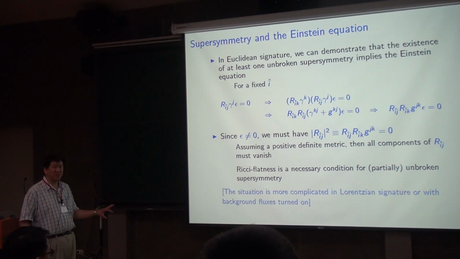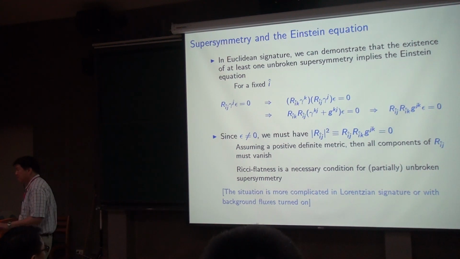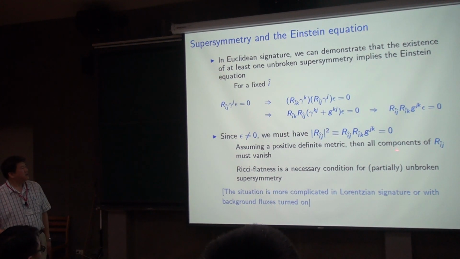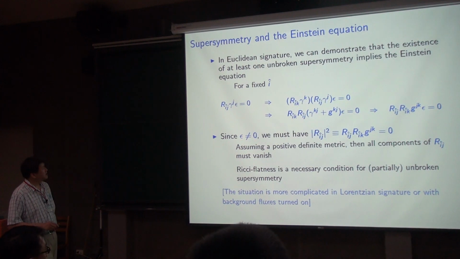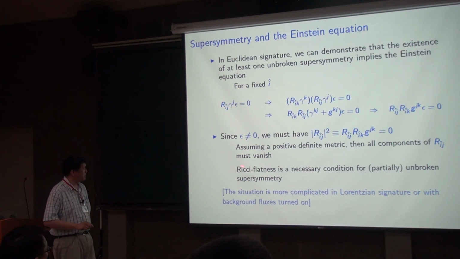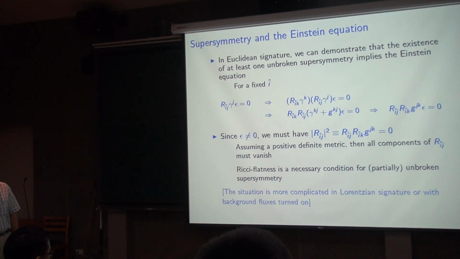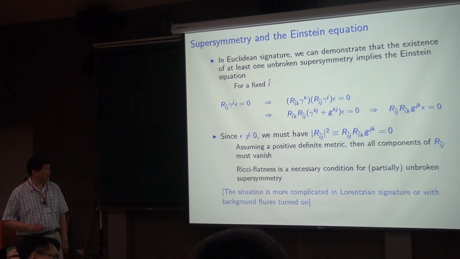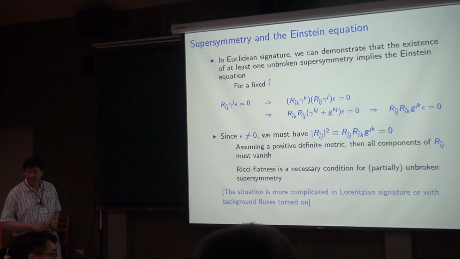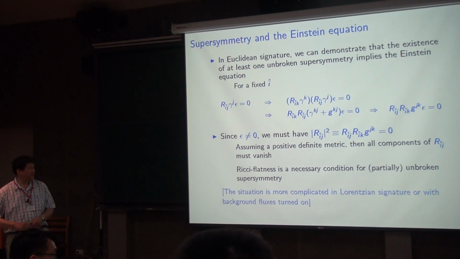And I hat could have been the number 7, could have been the number 8, could have been the number 9. You can convince yourself that, in fact, all components of internal Ricci have to be equal to 0, which means this integrability condition implies Ricci flatness of my internal manifold. So Ricci flatness is a necessary but not necessarily sufficient condition for preserving supersymmetry.